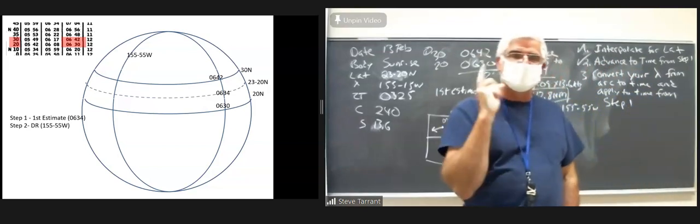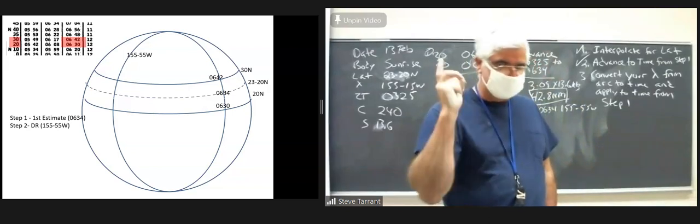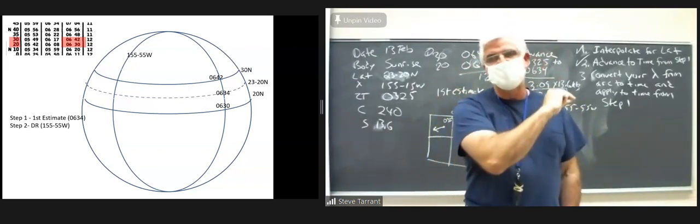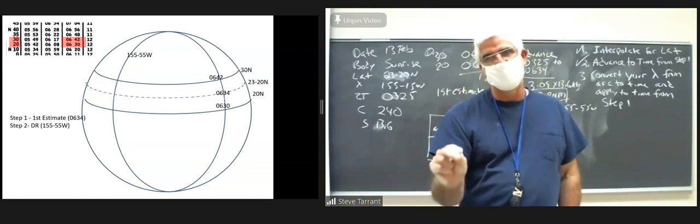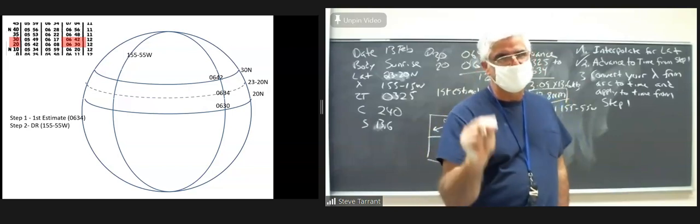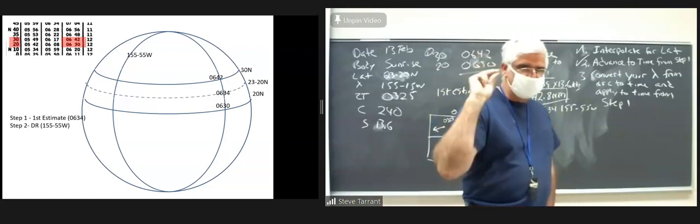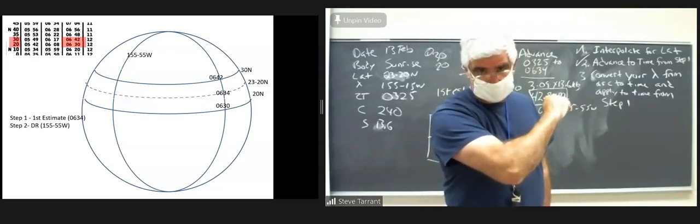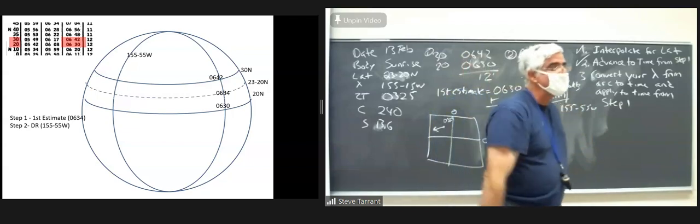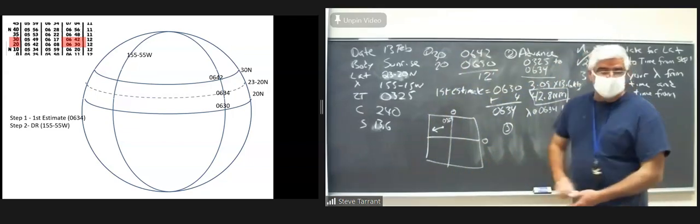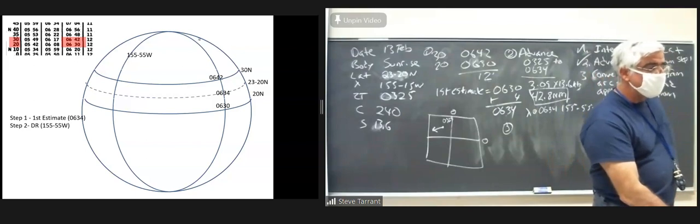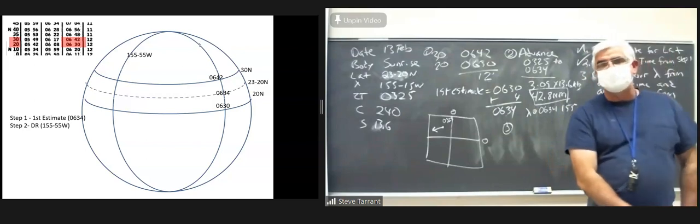Plus, you got to consider what time zone you're in. I'm going to show you a way to do it right now that is wicked simple. If you just trust me for a minute and go with it, I think you might like this way better. If you don't like it, I'll show you the way you learned in the second step. So what I'm going to do here is not do it from 150.